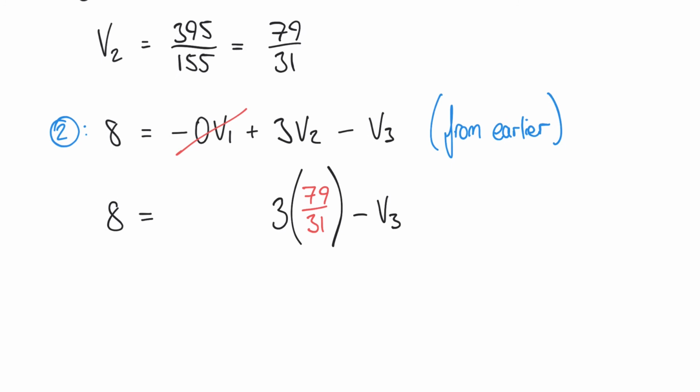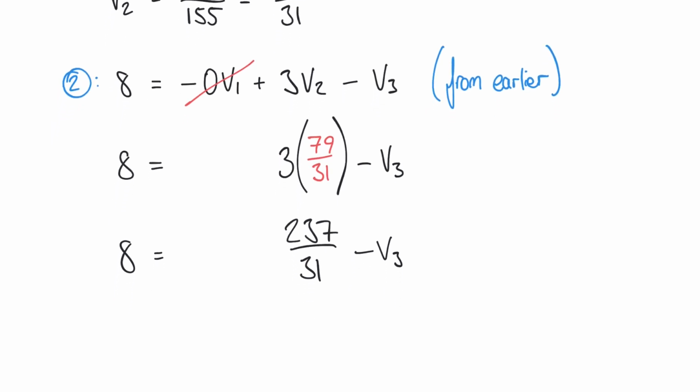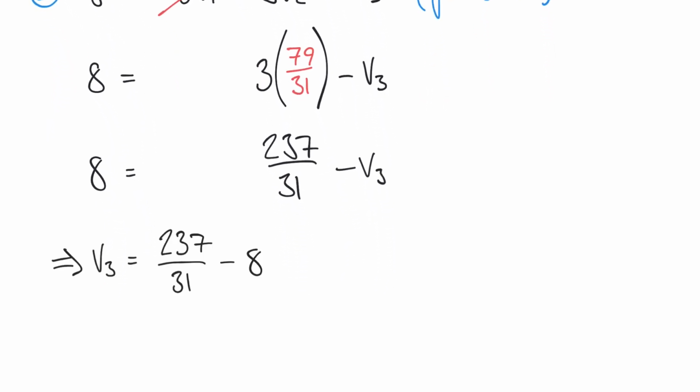And again, we can rearrange and simplify a little bit. Let's expand that bracket. 3 times 79 over 31 is 237 over 31. And that gives us V3 as being equal to 237 over 31 minus 8. And we end up with minus 11 over 31.